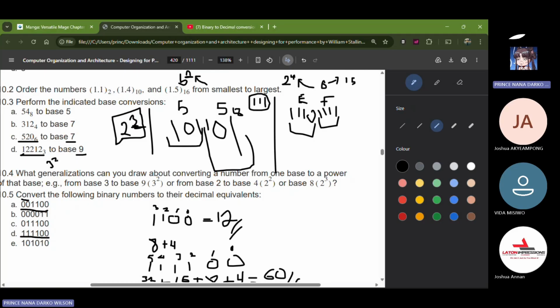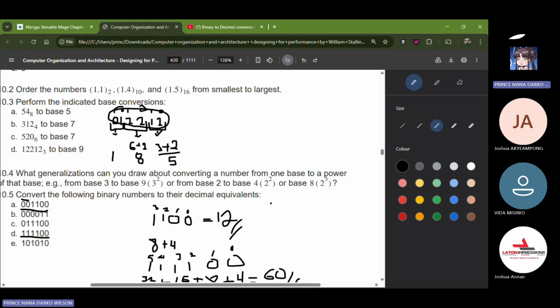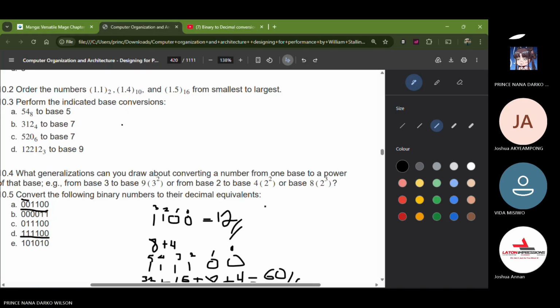So we can use that same idea. If we take the number 1, 2, 2, 1, 2, since it is 3 to the power 2, the n that we group them into is 2.